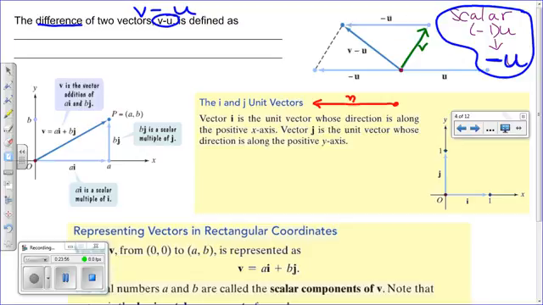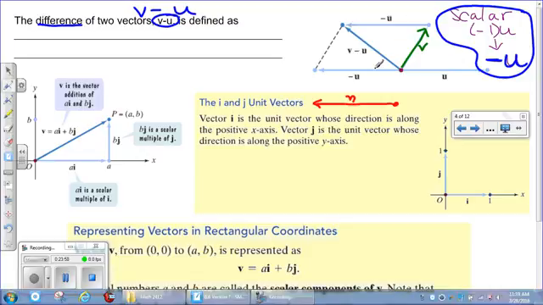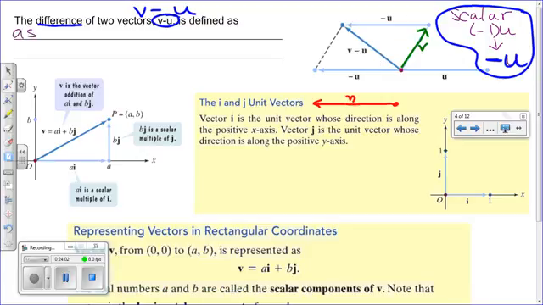Okay, so the difference of 2 vectors is defined as this. v minus u is equal to v plus -u.